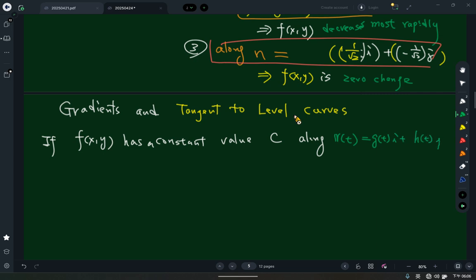I can just remind you that you can regard this as a path, where the point on the path has coordinates x and y. That means f of g of t and h of t is always c.